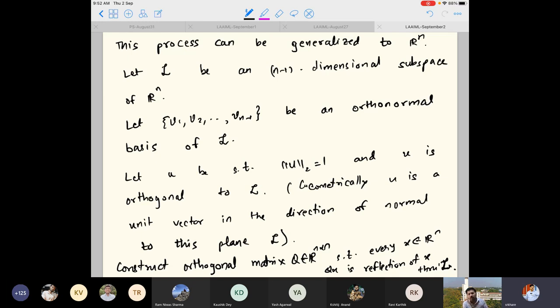Otherwise, yeah, you are right. You don't really need orthonormal basis of L. Any basis of L. Yeah, so maybe orthonormal is optional. You really do not need it.